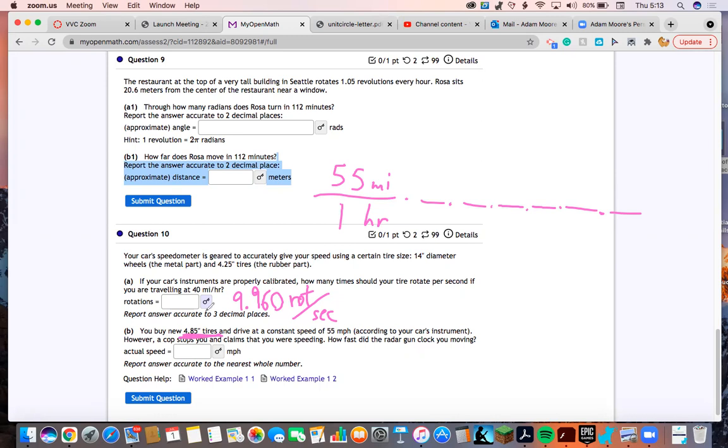And then we can refigure all this. If it's saying 55 miles per hour, it's saying that for a reason, and that's because the rotations per second is at a certain speed. So we're going to figure out how many rotations per second your tire is going.